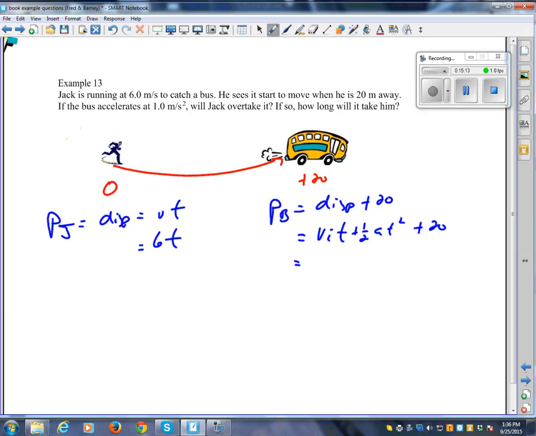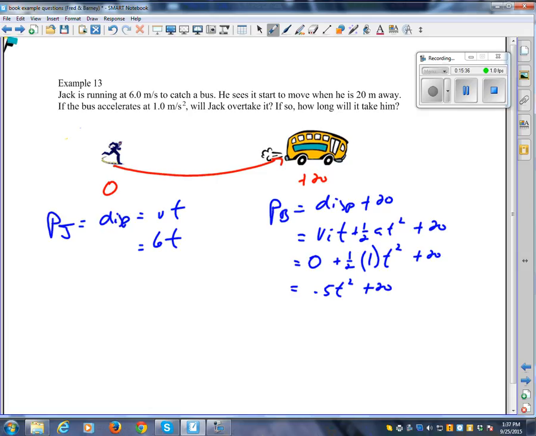Initial velocity of the bus, 0 times t, plus 1/2 the acceleration of the bus, which is 1, t squared plus 20. When you cancel that all out and simplify, 1/2 of 1 is 0.5 t squared plus 20.